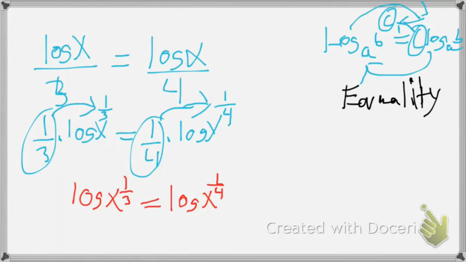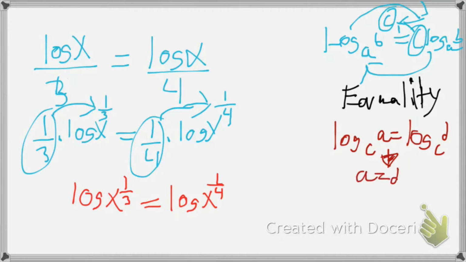What the equality property states is that if you have the same base, so let's say log base c of a equals log base c of d, that must mean that a will equal d.